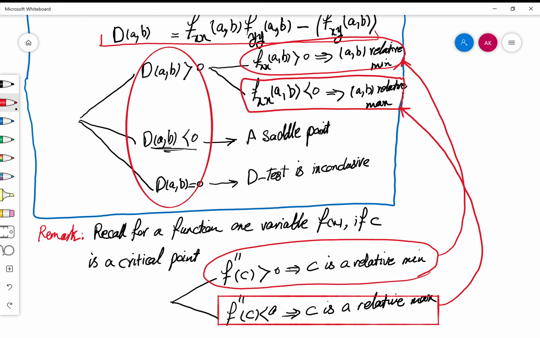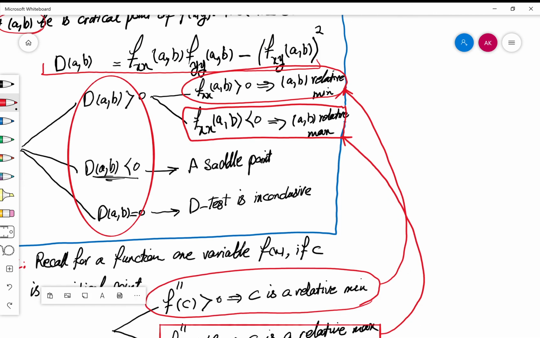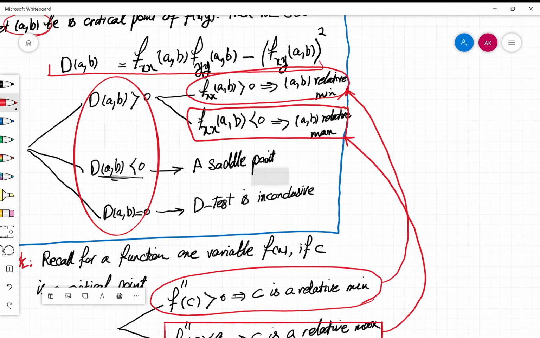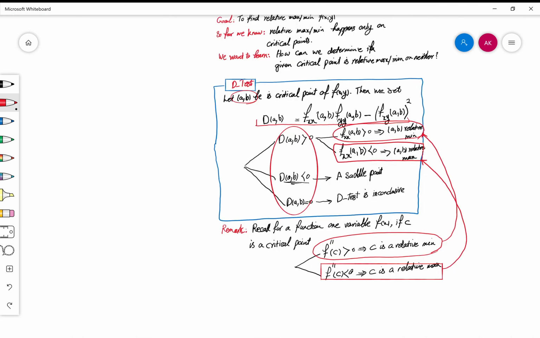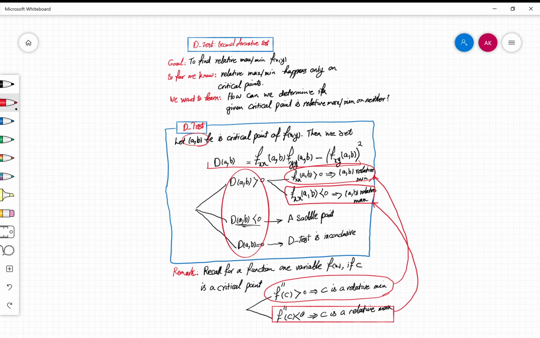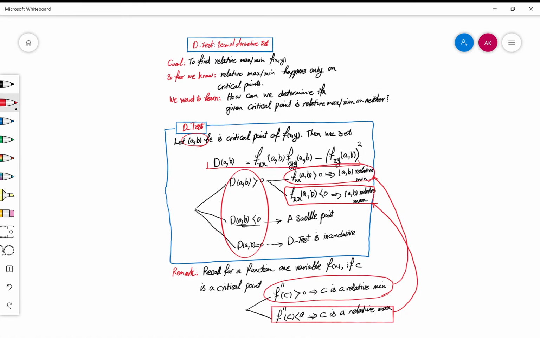So you have to first evaluate the value D, and then go for the second derivative. So this is what is called the second derivative test, or D-test, for functions with two variables. And in the next videos, you will see me doing some examples for this and then see how it works.